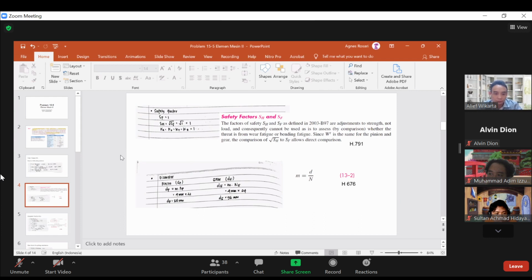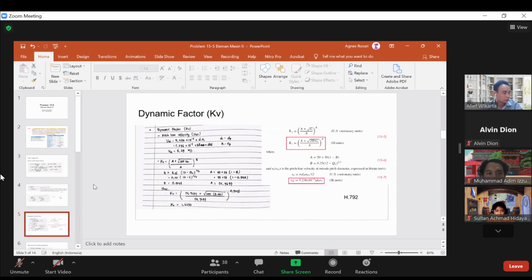And then we find the diameter for the pinion. We got the diameter equals 88 millimeters, and for the gear, we got the diameter equals 96 millimeters. And then we find the dynamic factor. To get the dynamic factor, we also need to find the pitch line velocity.